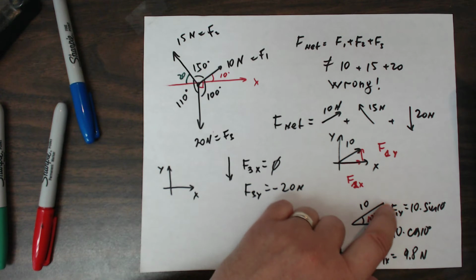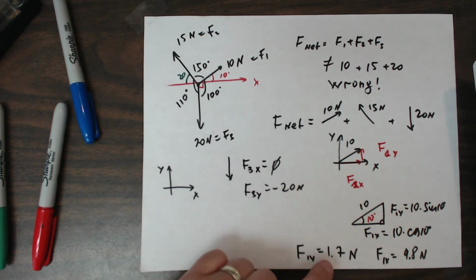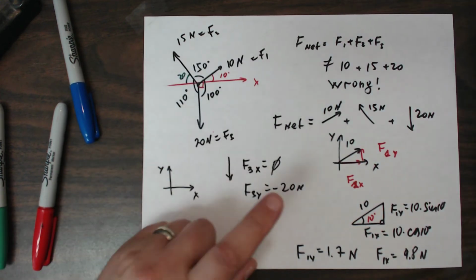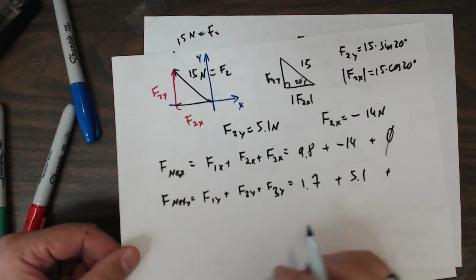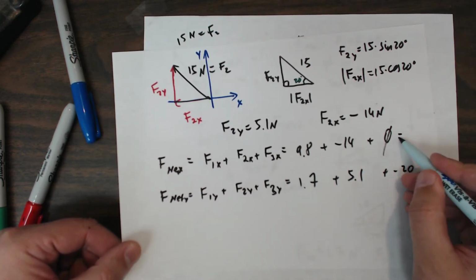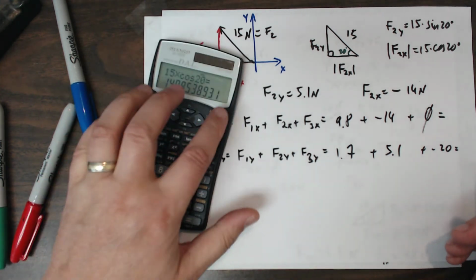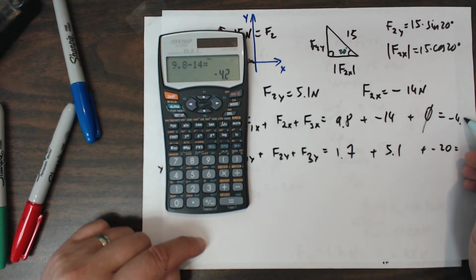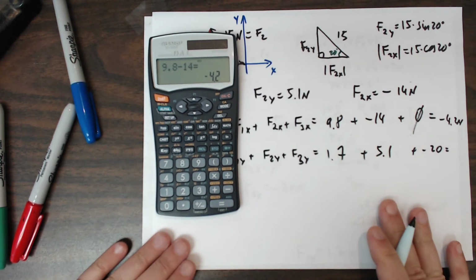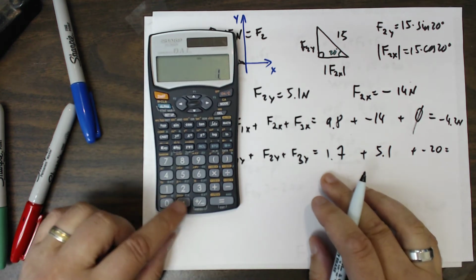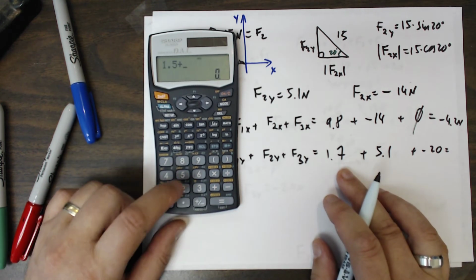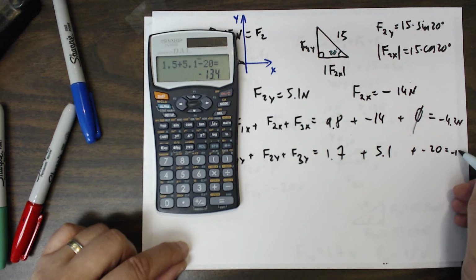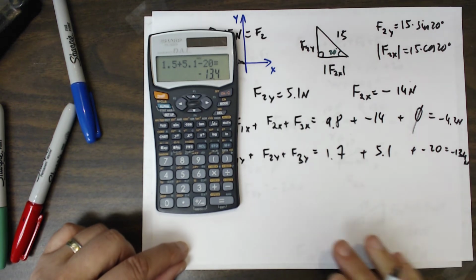The force number 1, 1.7, and the force number 3 has the y component, which is negative 20. So now we're going to take a calculator and calculate 9.8 minus 14, negative 4.2 newtons. And 1.7 plus 5.1 minus 20, negative 13.4 newtons.